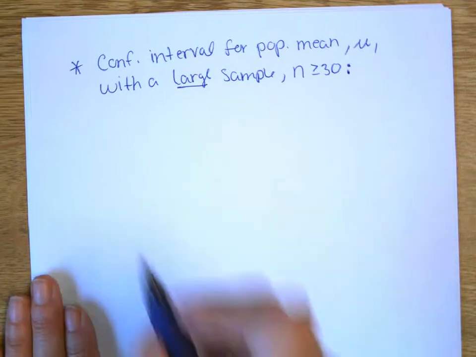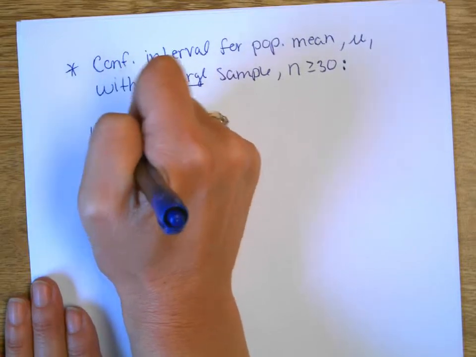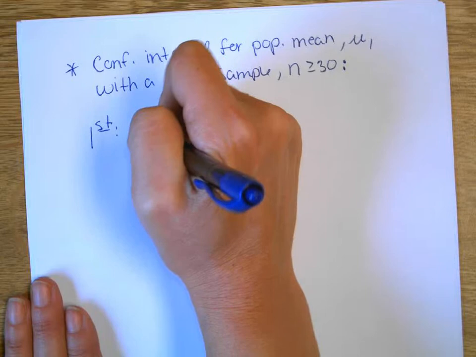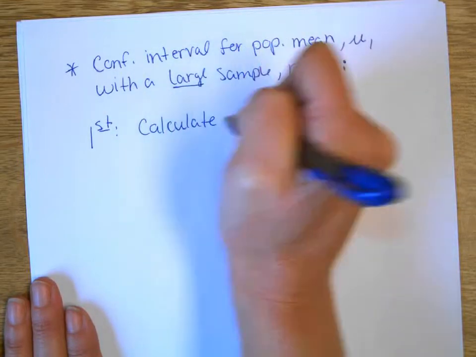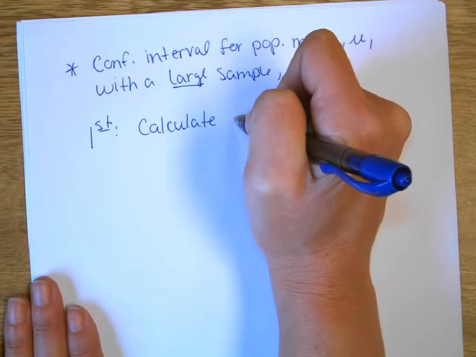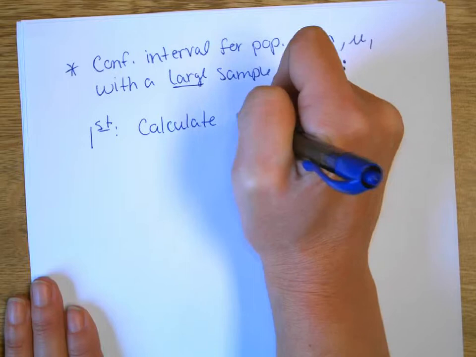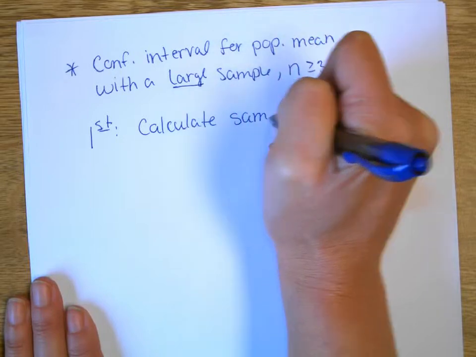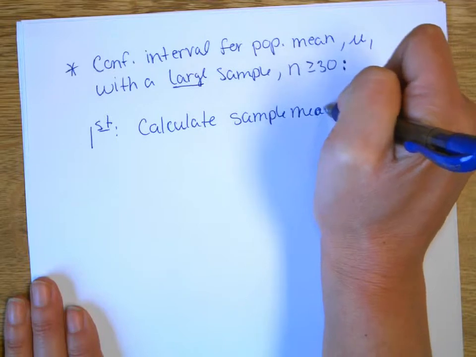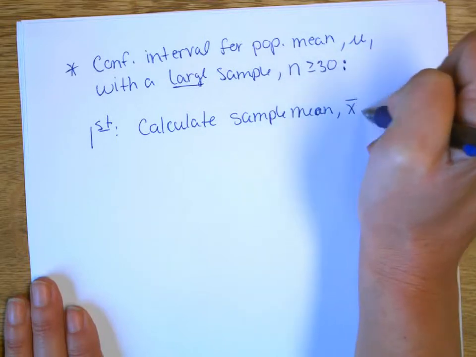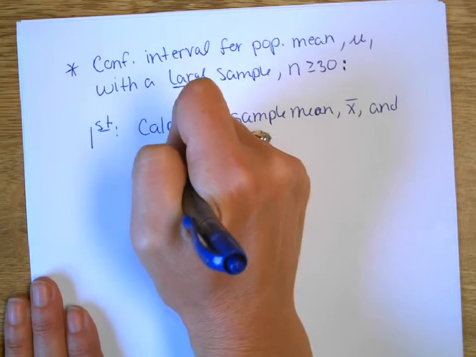Okay. Your first step is to calculate, if it's not given to you, like they give you a list of data, you want to calculate the sample mean and sample standard deviation.